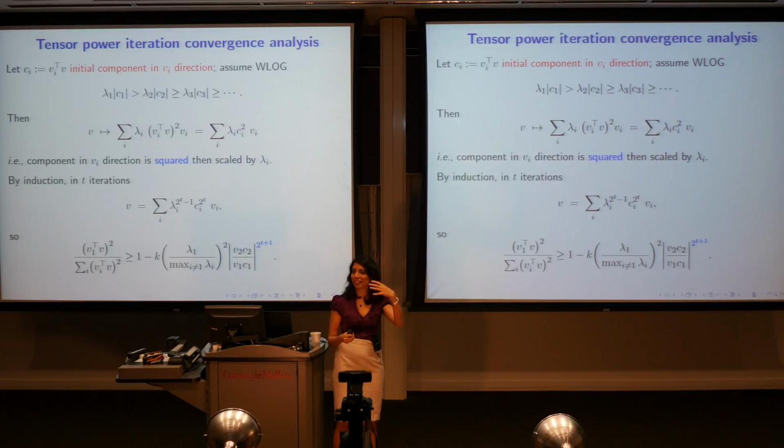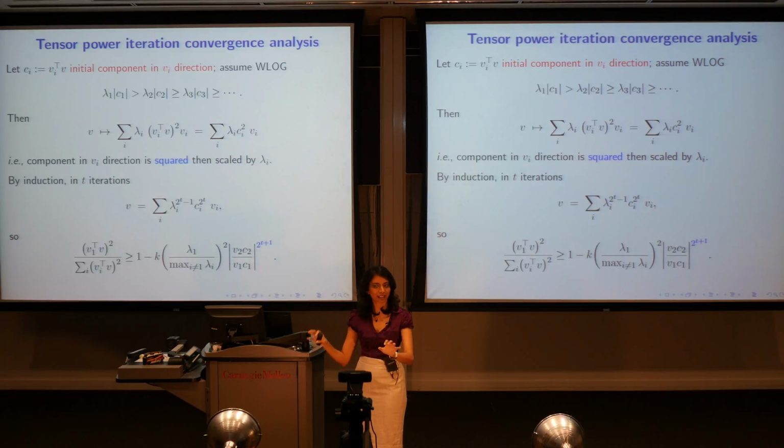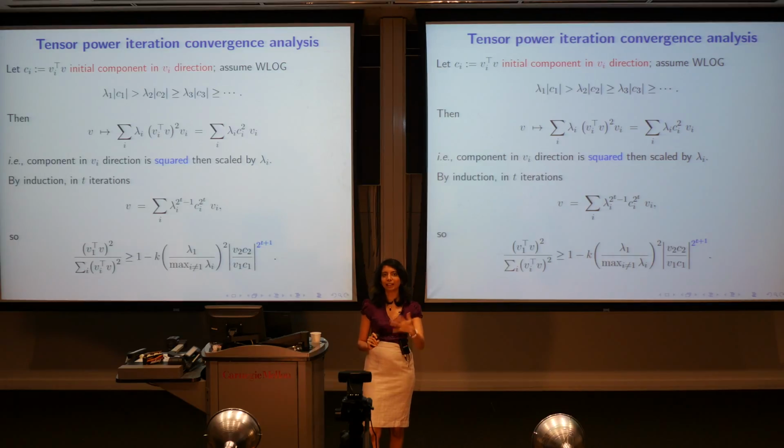So I'm magnifying my already large direction by even more. That's why I'm able to converge much faster. Whereas in the matrix case, I wasn't squaring, it's just Ci. So that's the only difference between the matrix and the tensor power method. But because of this quadratic operation, I get even faster convergence.